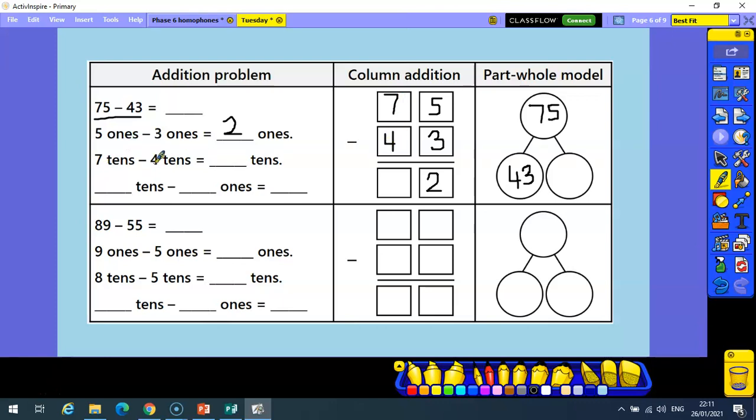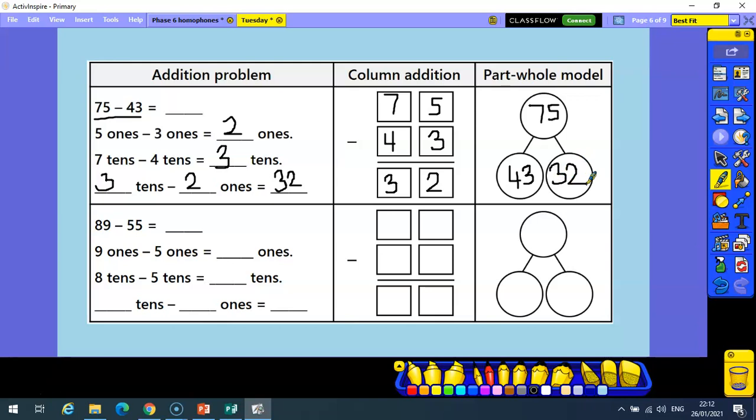That's the same as 7 tens take away 4 tens. So on my fingers I need 7, take away 1, 2, 3, 4, leaves me with 3. So 3 tens and 2 ones is equal to the number 32.